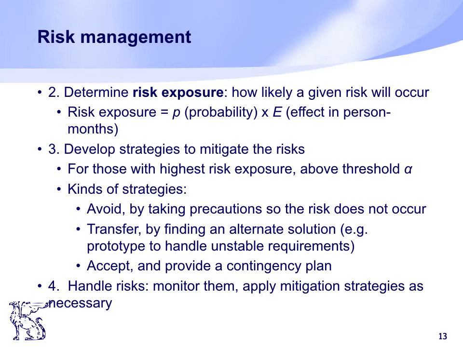If we talk about avoid, you can easily understand what avoid is. Avoid means you have to take precautions so the risk does not occur. How can you do that? You can adjust project scope, or you can reschedule or constrain to minimize the effect of the risk. So that's one strategy, that is avoid.